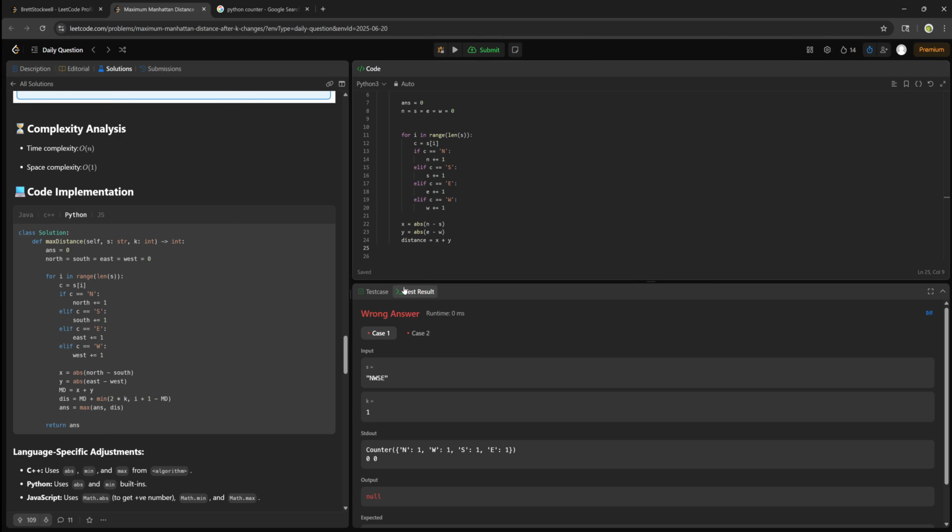What is 2 times k? What is this formula? Distance. Minimum of 2 times k, i plus 1 minus md.